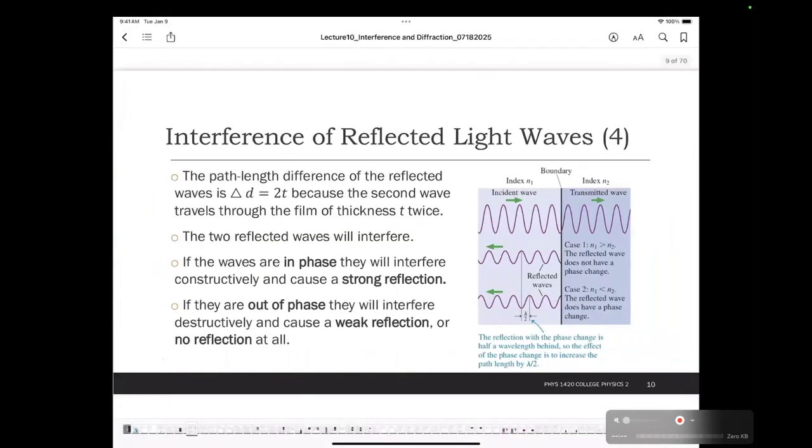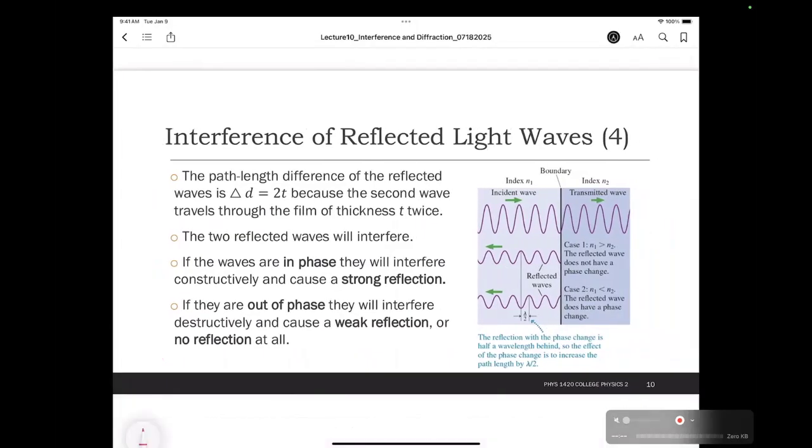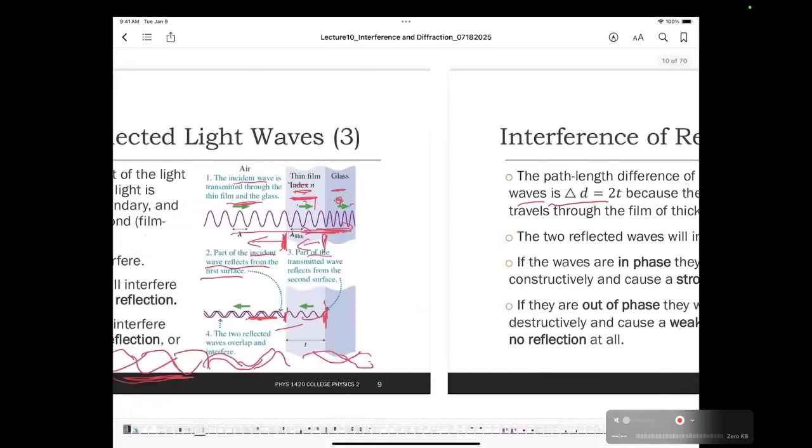Okay, that is the path length difference of the reflected waves, for two different waves. I think this image is not very obvious.